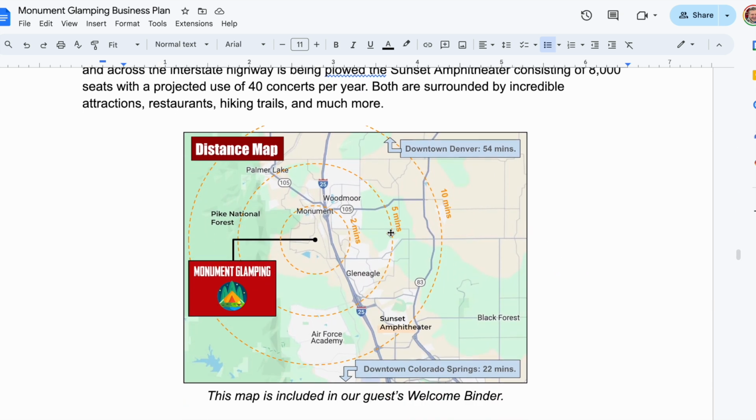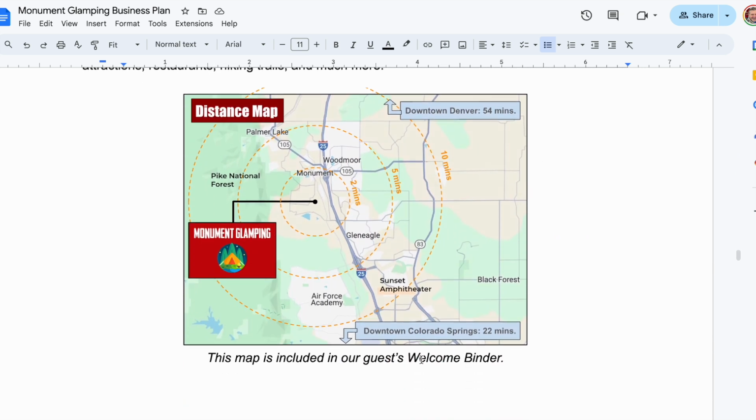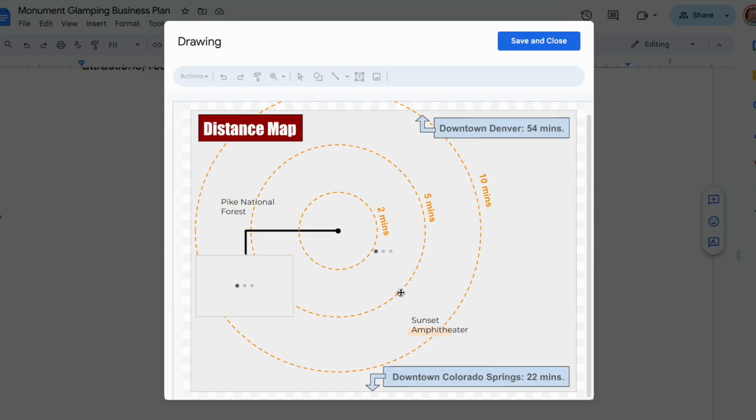This is a recent map I put into my guidebook. You can see that it says this map is included in the guest welcome binder. I pinpoint Monument Glamping, and then I show, hey, this is 2 minutes away, this is 5 minutes away, this is 10 minutes away. Even though Air Force Academy, Black Forest, Woodmoor, and Pike National Forest are there, I'll show you this again in Drawing.